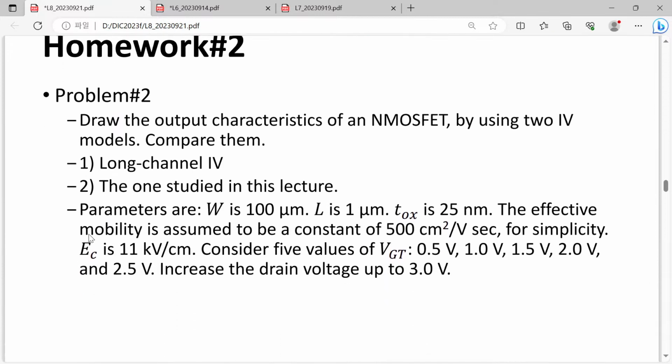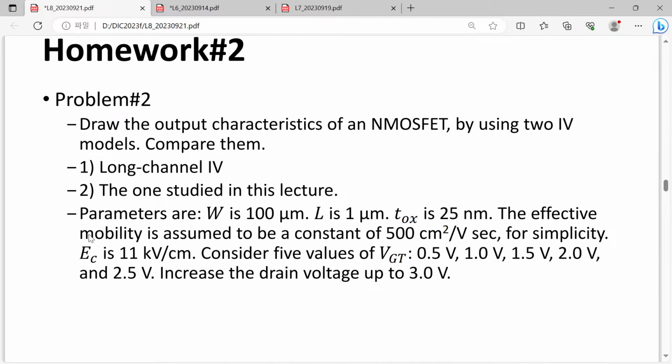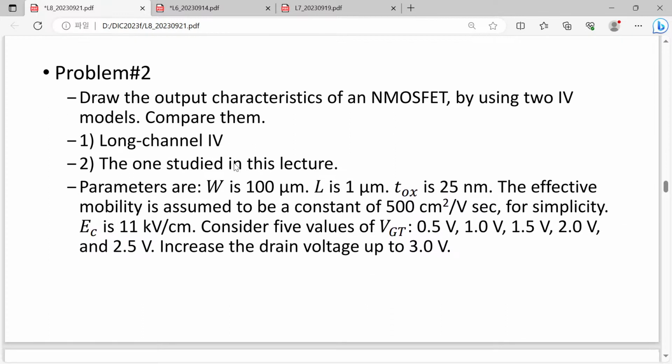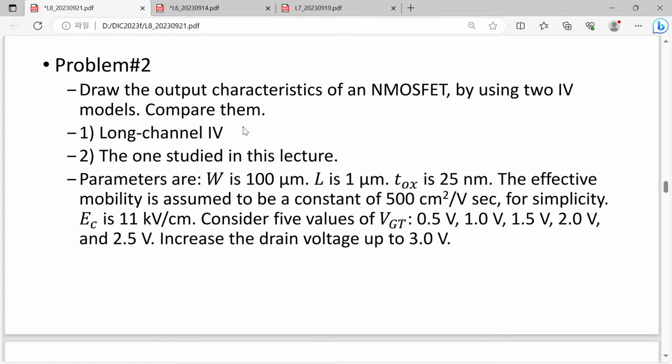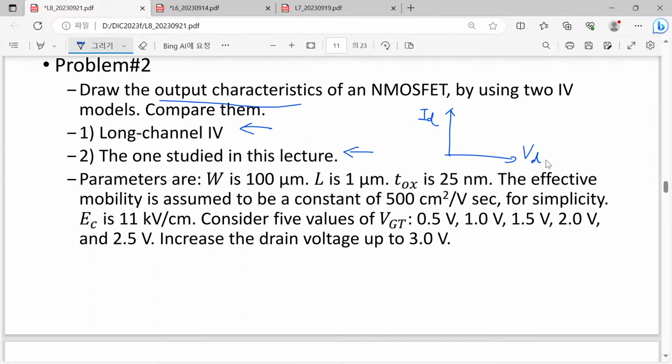Now this is the second problem: draw the output characteristics of an N MOSFET by using two IV models. You already have the IV models, the long channel one and the short channel one. Since these are output characteristics, you must draw your ID as a function of what? ID as a function of your VDS.